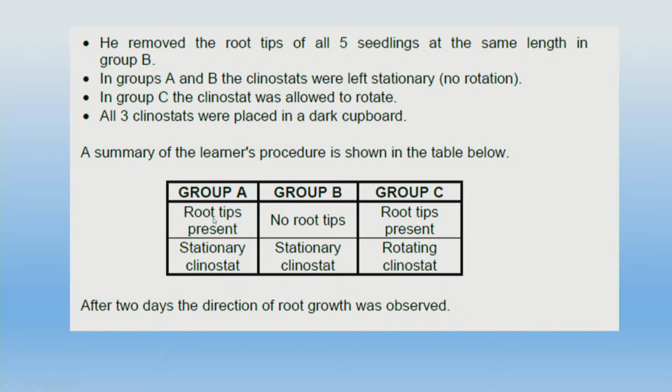Look here, we still have the root tips present, but the difference is that the clinostat in group A is stationary, and in group C it is rotating. So group A and C were used to obtain information about the effect of gravity on root growth.